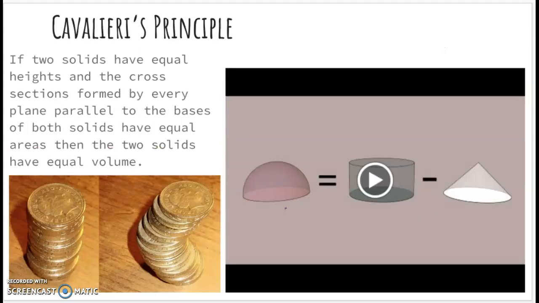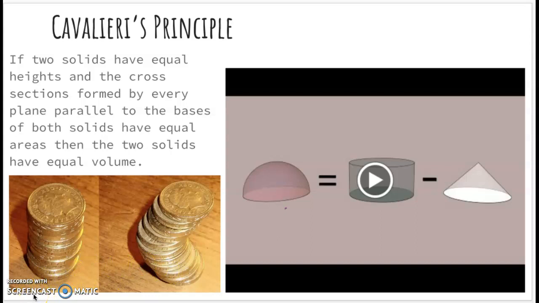So this idea of finding volume is really founded in Cavalieri's Principle, which is: if two solids have equal heights and the cross sections formed by every plane parallel to the bases of both solids have equal areas, then the two solids have equal volume. So if you check out this coin stack, maybe you did this when you were a little kid.